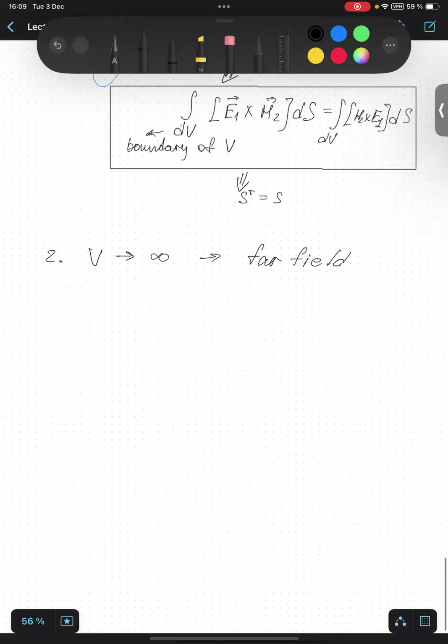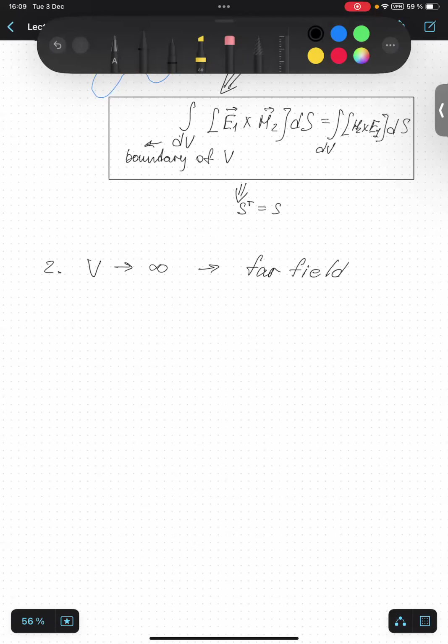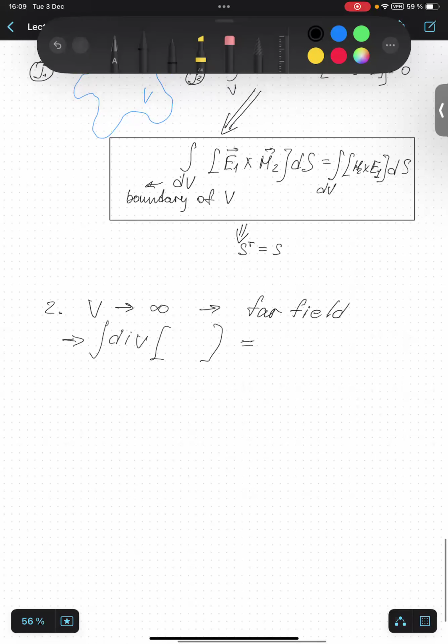In the far field, we just have our plane waves, and in this case the divergence from the left-hand side of the equation is equal to 0.